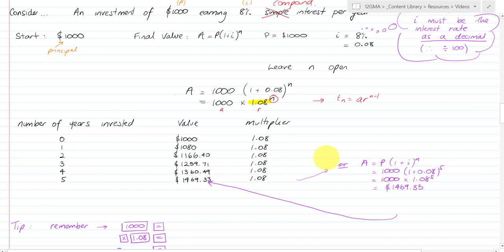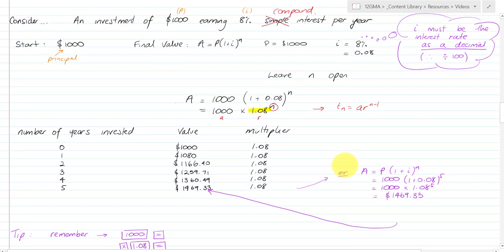But we've got our constant multiplier, so we start with 1,000, and we can use our calculator skills here again. Type in 1,000, enter, type times 1.08, enter, you get 1,080. Enter again, you get 1,166.40. Enter again, you get 1,259.712.